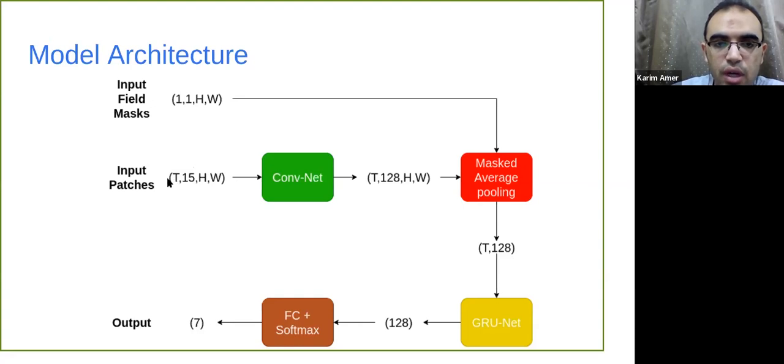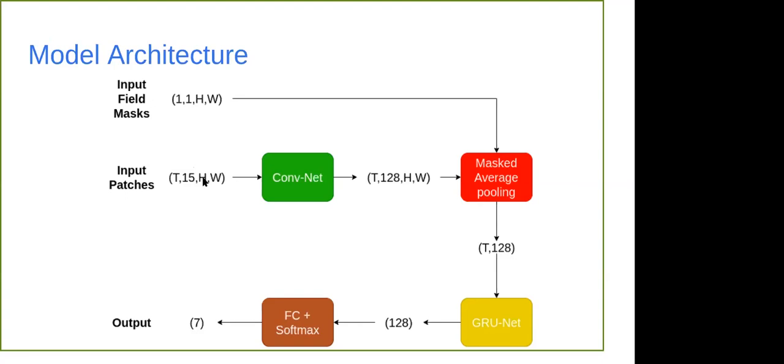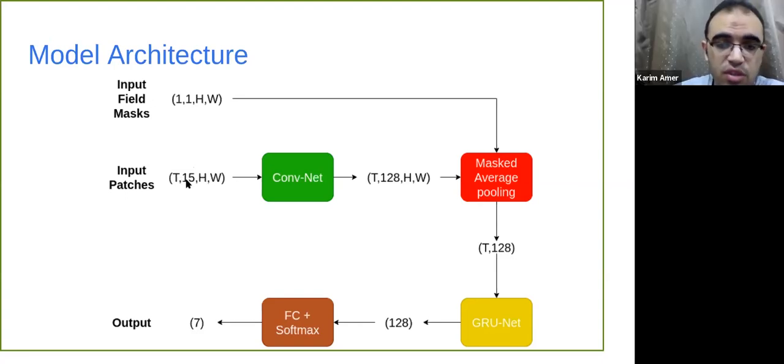The input patch, which has the information of the spectral bands and all the time steps, has the number of time steps by 15, which is the number of input spectral bands, by height and width, which is 32 by 32. I made it general in time, H and W, as I did multiple experiments with different sizes and time steps. So whatever the time steps and height and width, the same network architecture should work the same way.